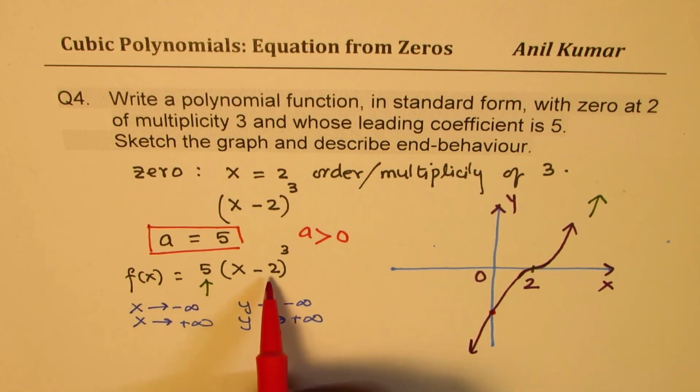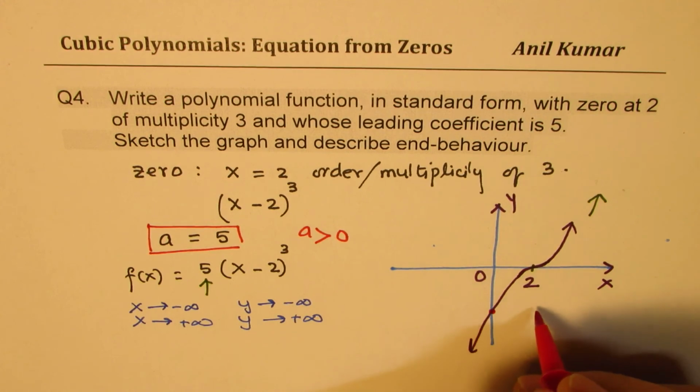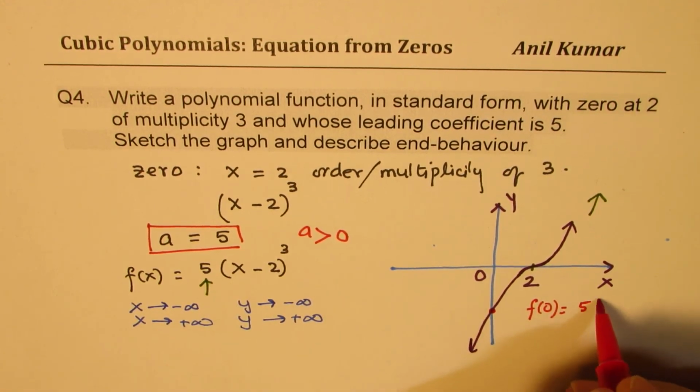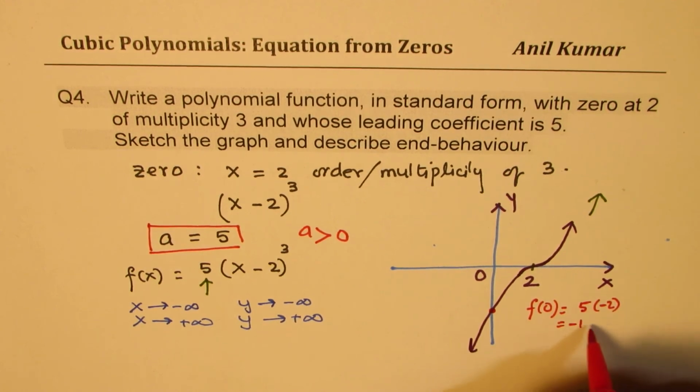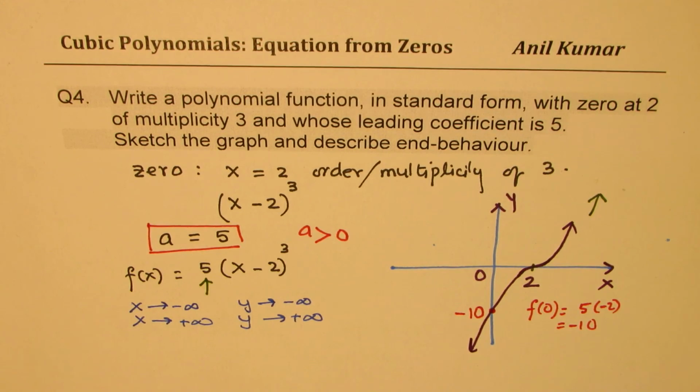So in this equation, if I write x equals 0, we get f of 0 as equal to 5 times minus 2, which is minus 10. So this value is minus 10. Perfect. Now that completes the whole sketch, labeled perfectly fine from an examination point of view.